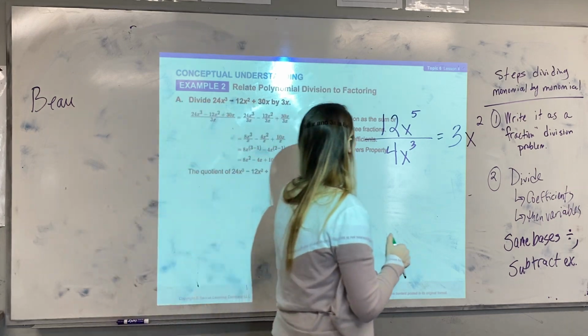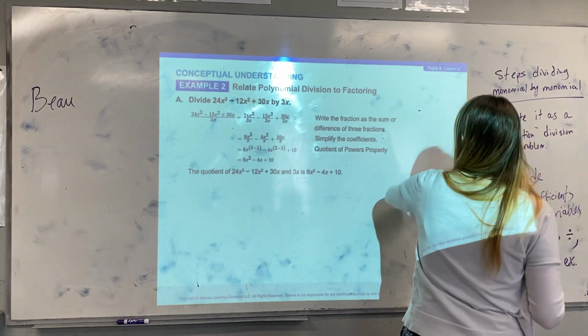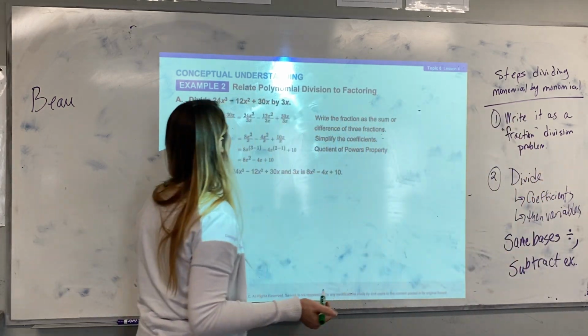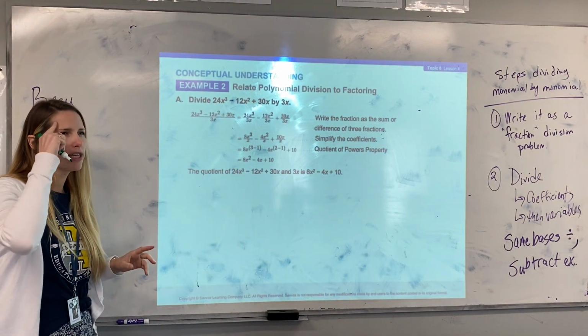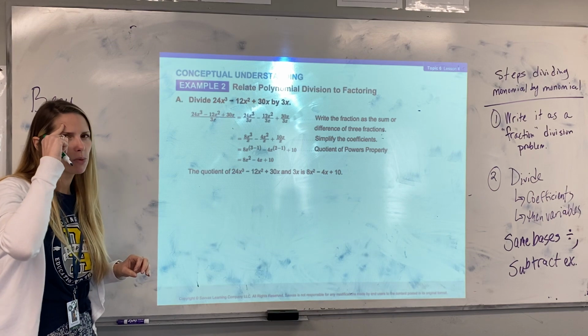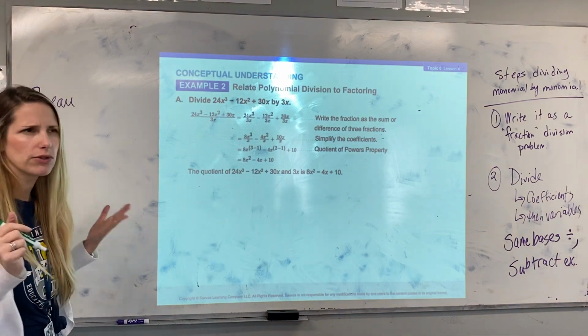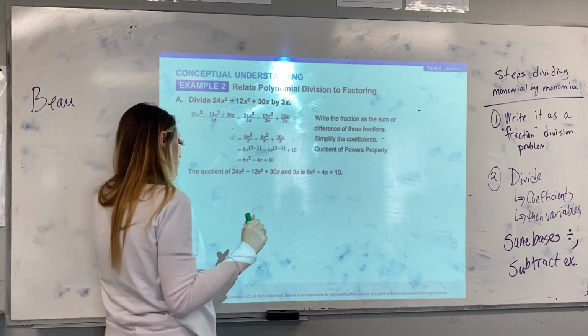So now we are dividing a polynomial by a monomial. And this is where we are dividing, but we want to start thinking about how this will relate to factoring. It's okay if you can't make that connection right now. I'll show you in a minute.